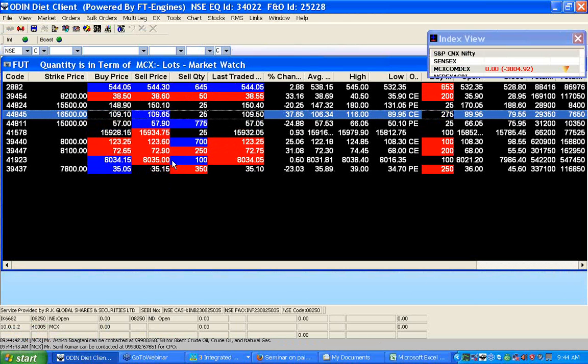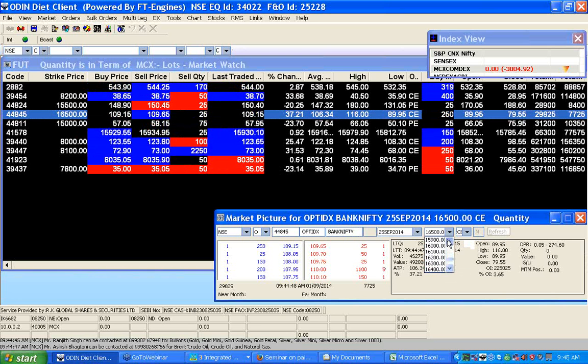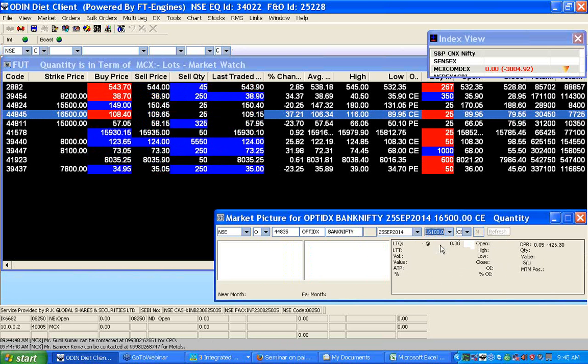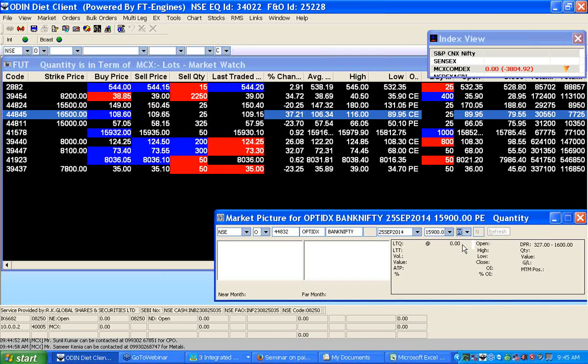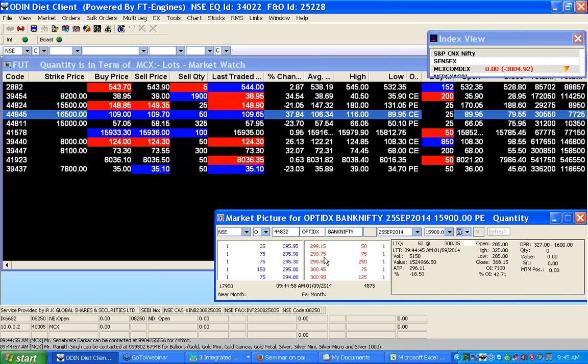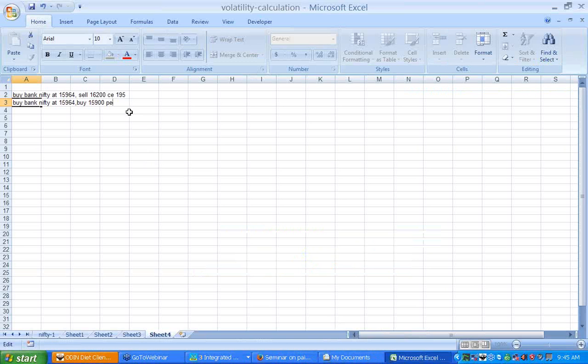For this I may be paying a very heavy premium, because it is the first day of the settlement cycle, so time value will be quite high. 300 rupees it is quoting, 299. So I can think of buying a put option at 300 rupees.